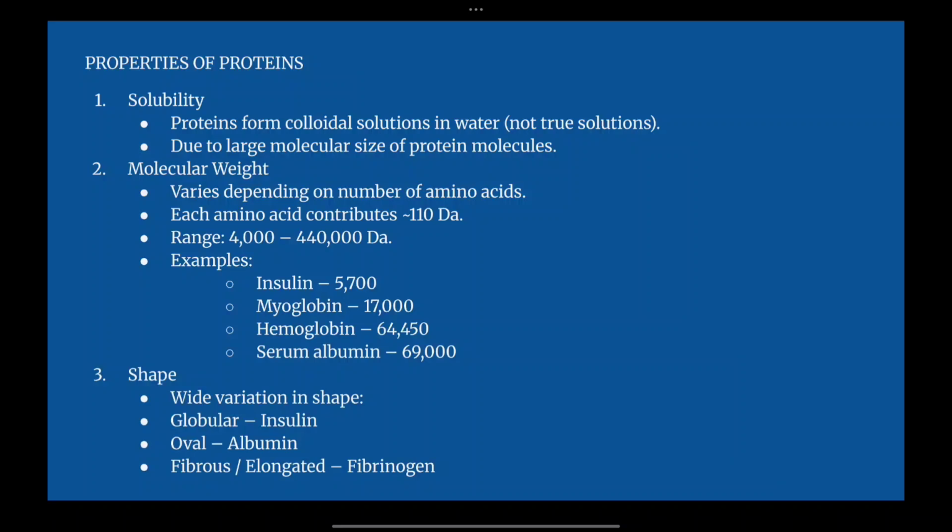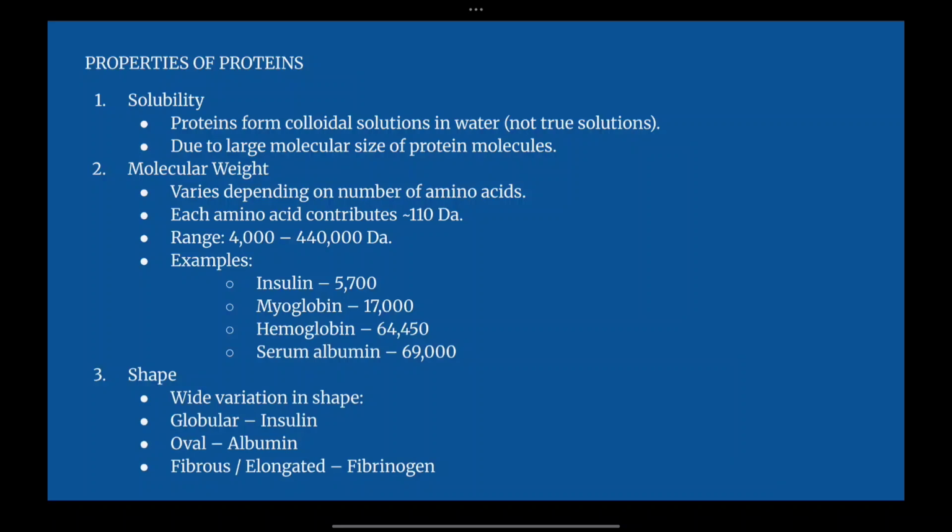Now the molecular weight of a protein depends upon the number of amino acids that is present in the protein. Each amino acid is approximately around 110 Dalton, and the protein might have a molecular weight in the range of 4,000 to 4,40,000 Dalton. Some examples are being given.